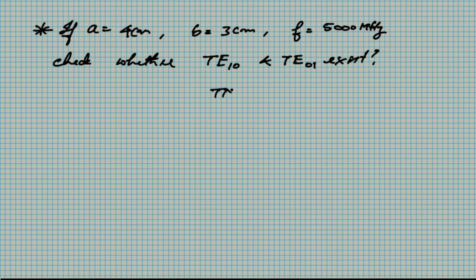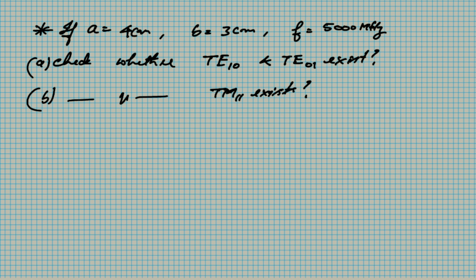Also check whether TM11 exists. Right? Two parts we have. A is that, B is this. Okay, please solve.